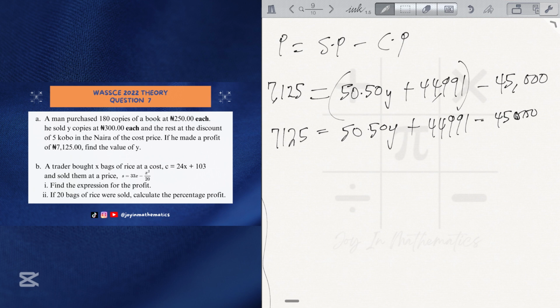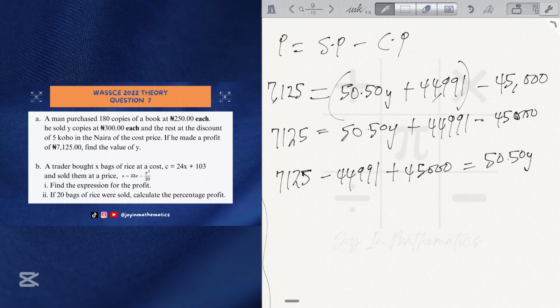So I'll prefer that we move all this to the left hand side so that the y will remain on the right hand side. So 7125, we will have it subtracted from 44991 and we are adding 45,000, and we are equating it to 50.05y.